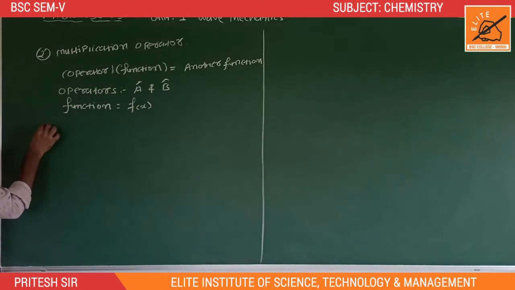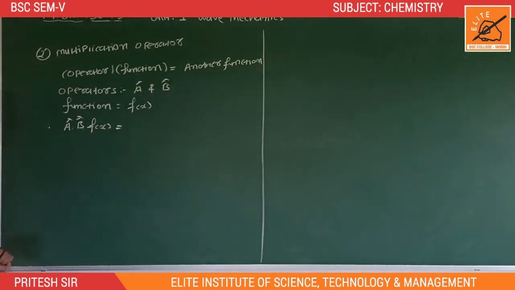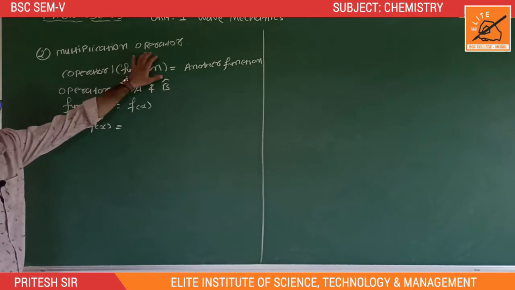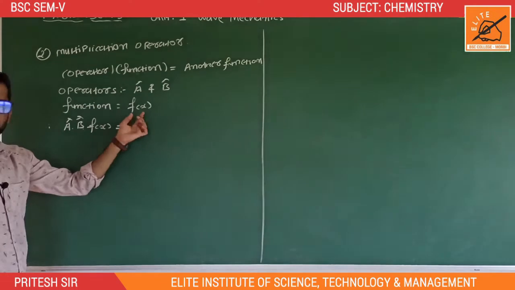So the value of A cap B cap f(x) is equal to, in this multiplication operator, two different operators multiplied with function f(x).